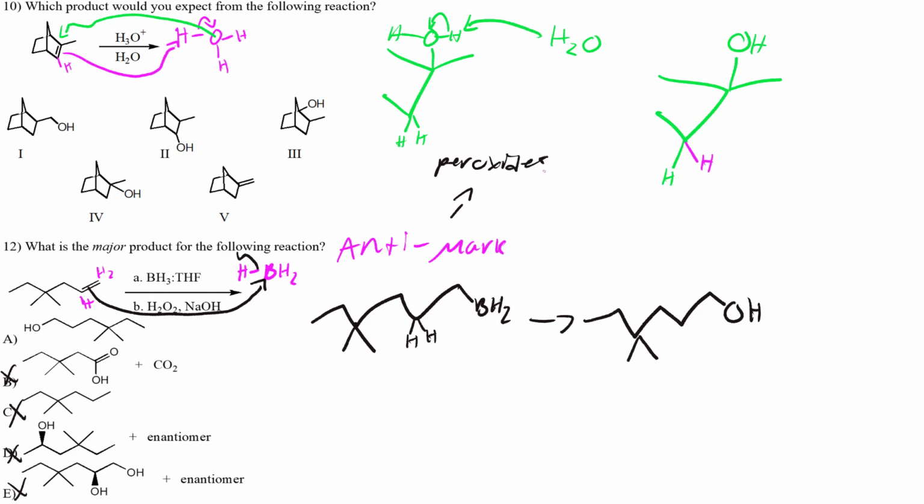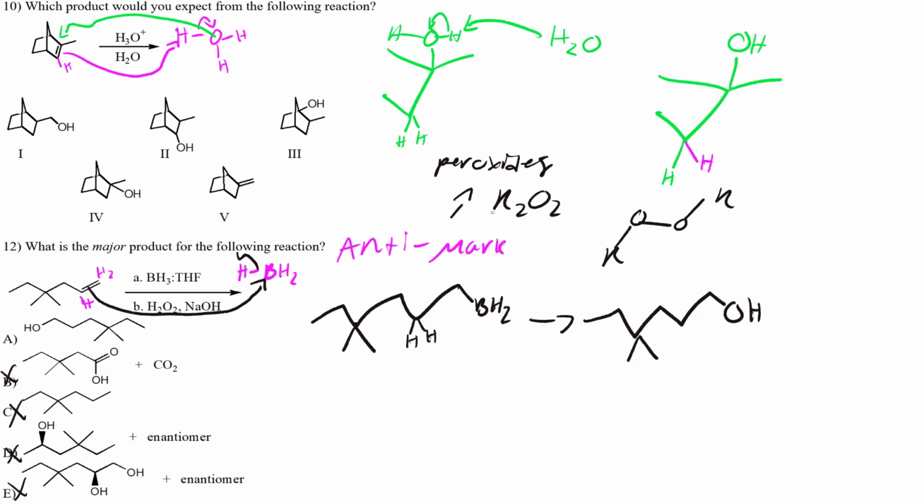Right? So you should already know that anti-Markovnikov goes for peroxides, and they have the formula R2O2, so it looks like this. That's a peroxide, right? So it could be chlorine, chlorine, bromine, bromine, iodine, iodine, doesn't matter, whatever the R's are. If you have a pair of oxygens, it's a peroxide, right? That's how I say it.